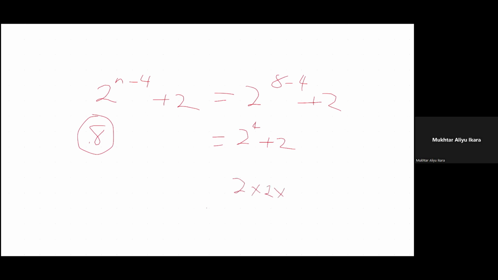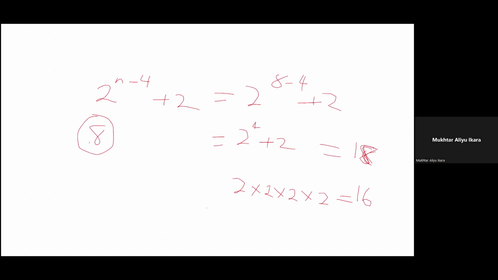So 2 times 2 is 4, 4 times 2 is 8, and 8 times 2 is 16. So 16 plus 2, we have 18. It means that octane has 18 possible isomers.